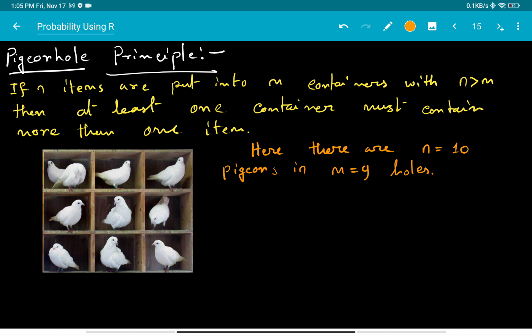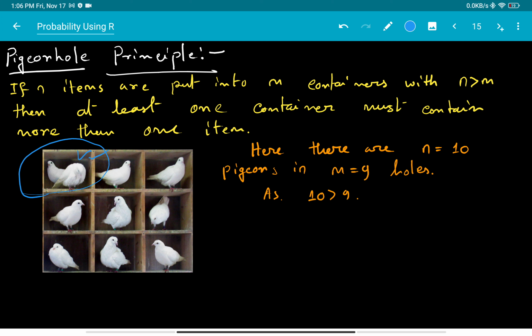Since 10 is greater than 9, the pigeonhole principle says that at least one hole has more than one pigeon. You can see here one more pigeon is placed. So this is the idea of the pigeonhole principle.